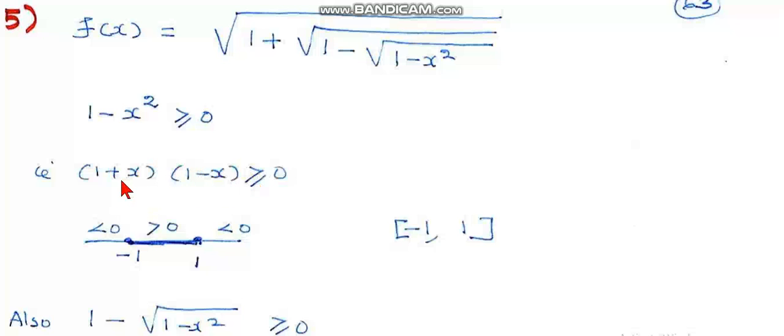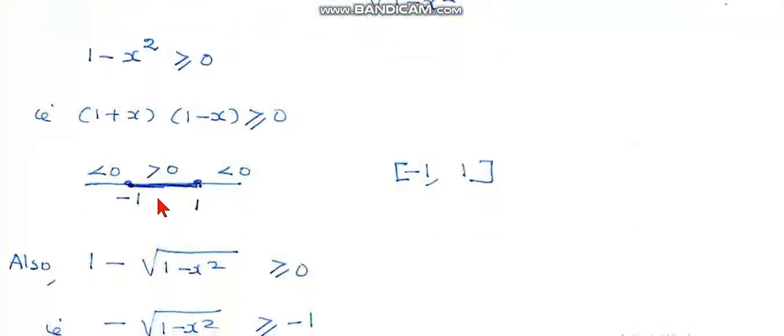The two roots of the equation 1 plus x into 1 minus x equal to 0 are plus 1 and minus 1. Now there are three intervals: minus infinity to minus 1, minus 1 to 1, and 1 to infinity. It is enough if we find the sign of 1 plus x into 1 minus x in any one of the intervals, because the signs will be alternately positive, negative, positive or negative, positive, negative.